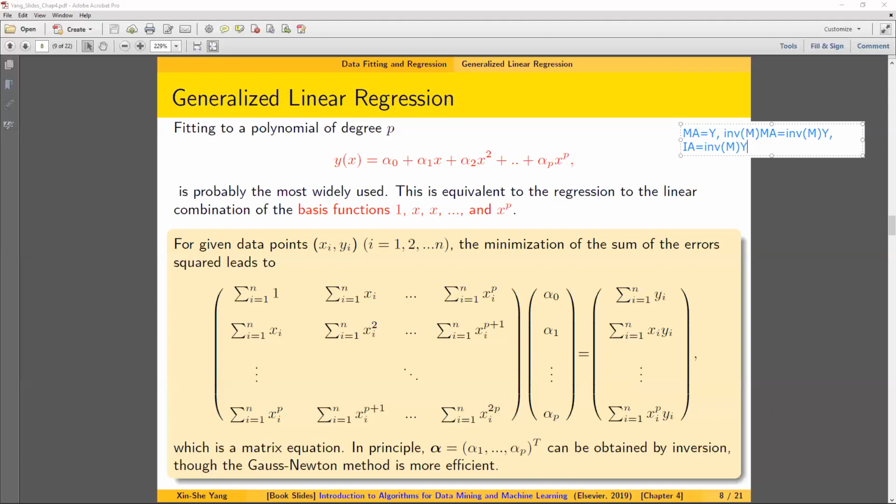That would be our calculation, so that we know a is the inverse of M times y. So we're able to calculate this a, which is essentially this column vector, based on the inverse of the original matrix times this y. Okay, that's what I want to write.